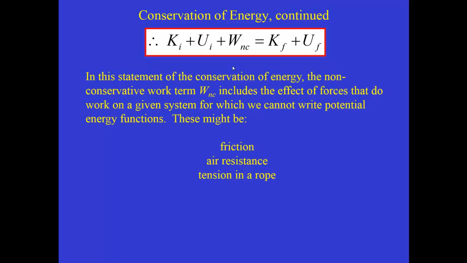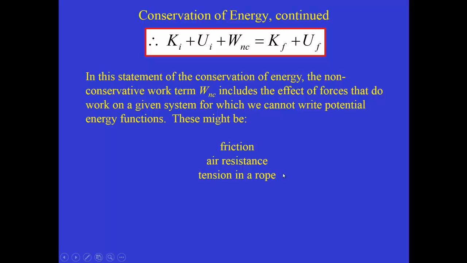So the non-conservative force term in this equation includes the effect potentially of more than one force, but it's any force acting on a given system that cannot be expressed in terms of a potential energy function. And some examples, we've already talked about friction, but air resistance, again, is a kind of force that acts opposing the motion of an object. That's one that would actually depend on the path the object takes, so that would also be a non-conservative force. And then a tension in a rope.